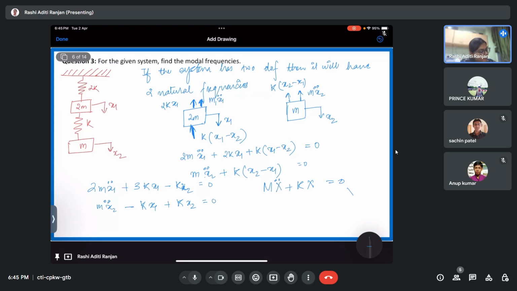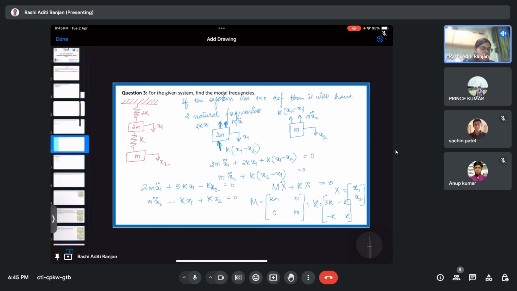Firstly, my X matrix is going to be x1, x2. My mass matrix is going to be 2m, 0, 0, m, and my stiffness matrix K is going to be 3k, minus k, minus k, and plus k.